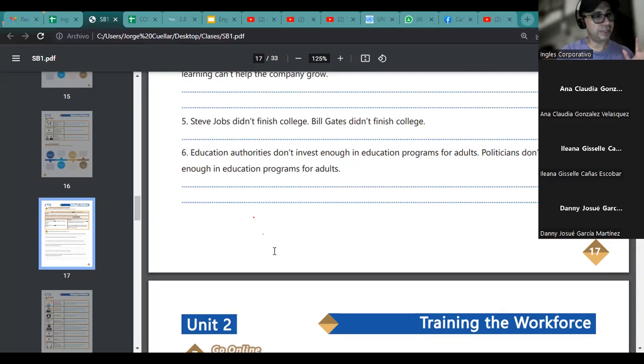So I guess now we get it a little bit better, right? Because sometimes it's better to have an explanation and a practice, and then we're ready to go. And actually, number 6 is so true, right? Neither education authorities nor politicians invest enough in education programs for adults. True story. That happens in all the countries.